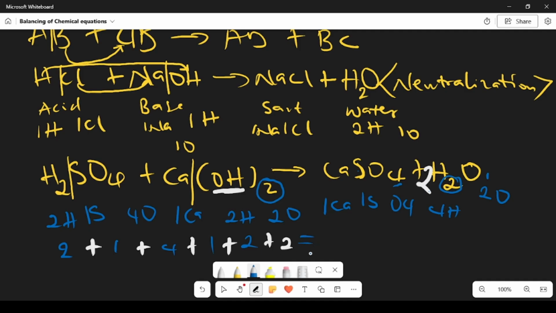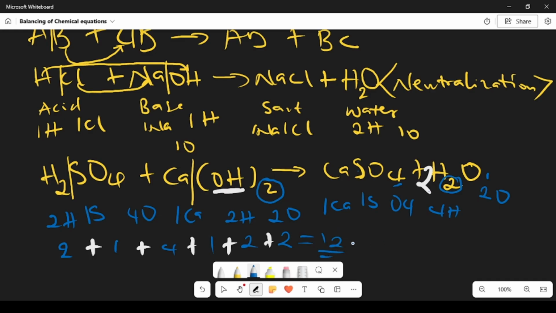So everything will be what? 2 plus 1 is 3, plus 4 is 7. 7 plus 1 is 8. And 8 plus 2 is 10. 10 plus 2 is 12. Meaning we have a total of 12 at the left hand side.